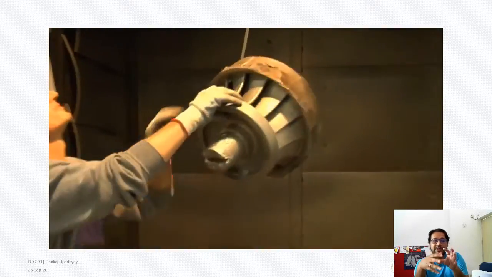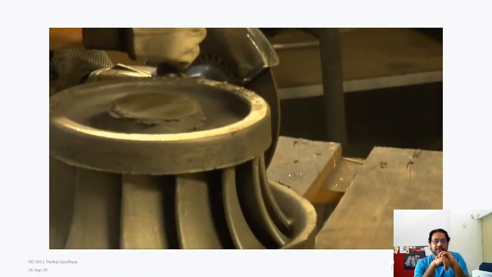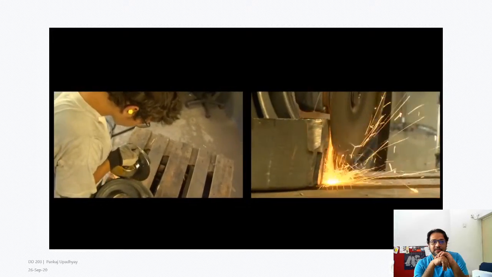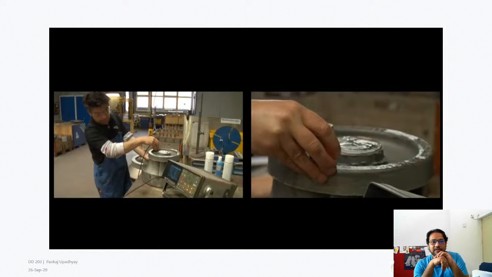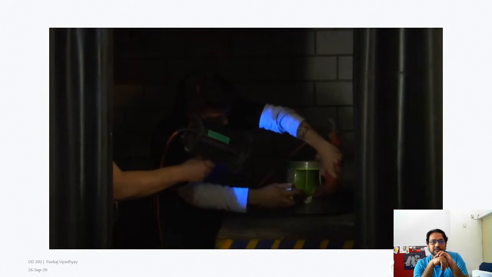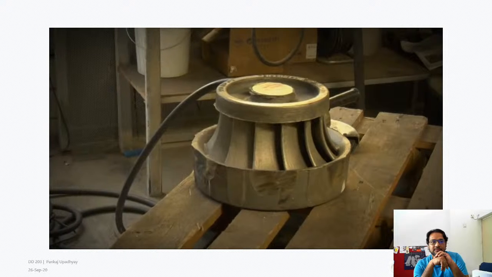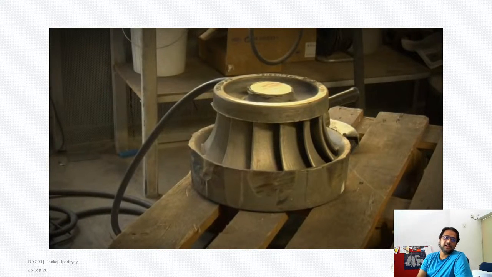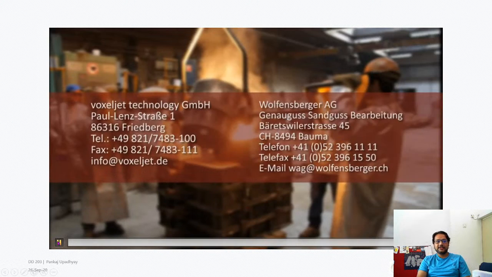A smaller number of core flashes and an excellent surface make for quick and cost-effective cleaning of cast parts. The cast part then undergoes the usual quality checks, such as X-rays, color penetration testing, or ultrasound. The result is a complex wheel that impresses with its component accuracy and consistency in form. Are you interested? We would be pleased to assist you.